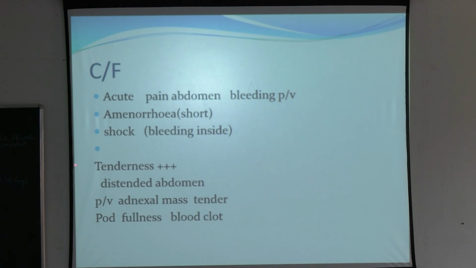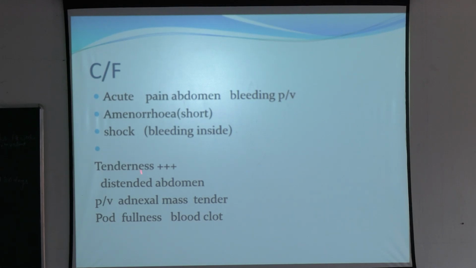Then on per-abdominal examination, there is tenderness. There is so much tenderness, rebound tenderness, that the patient will just be jumping when you try to palpate the abdomen, because of the hemoperitoneum.